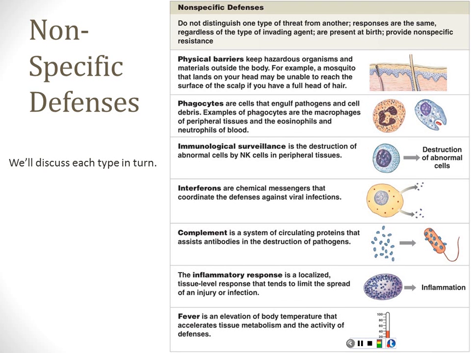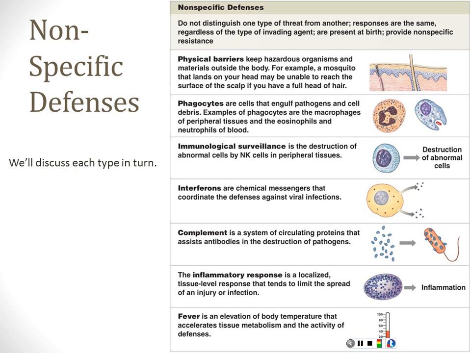Now, there's another piece to that, which I'll talk about in a minute. But whenever the body is damaged or infected, the damaged cells or infected cells release chemicals. And those chemicals trigger these changes, okay? So one thing that's triggered is an increase in blood flow, so vasodilation.